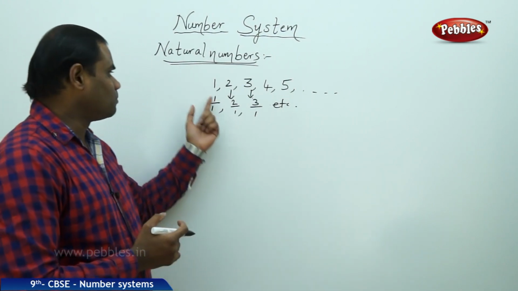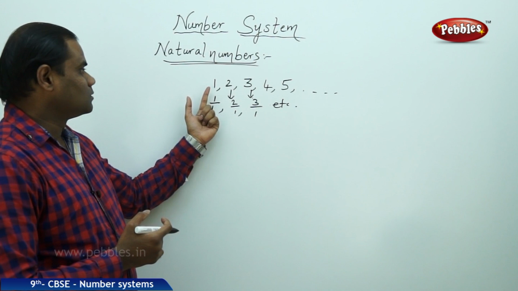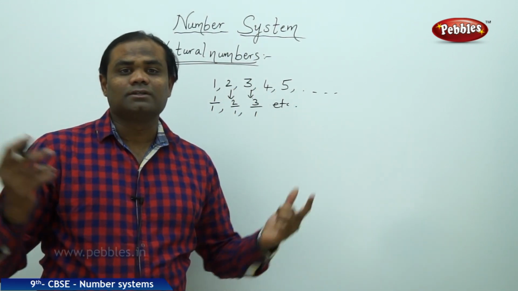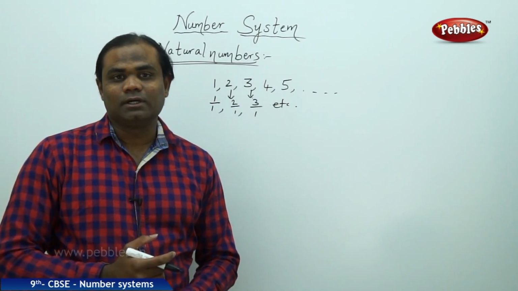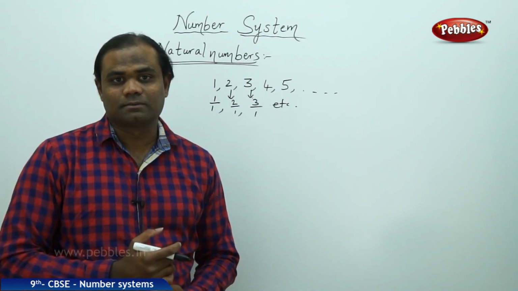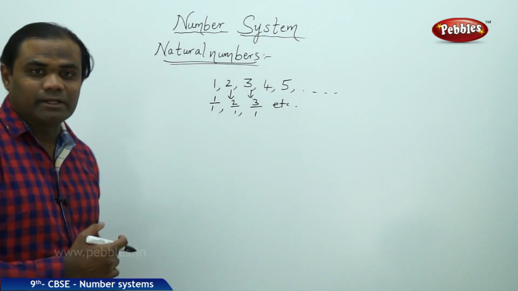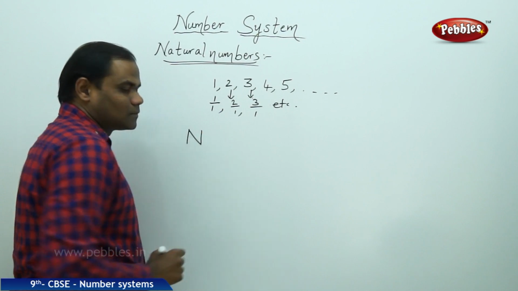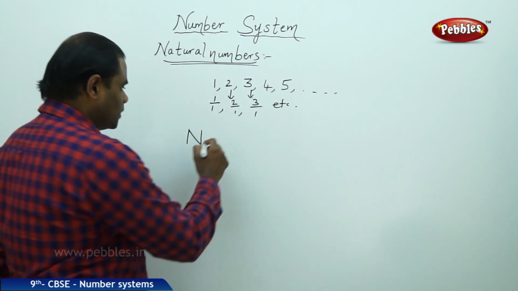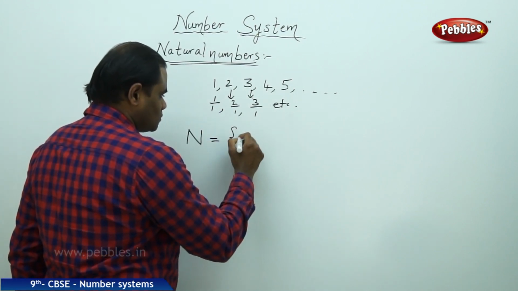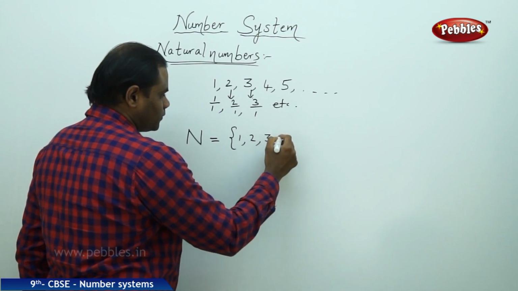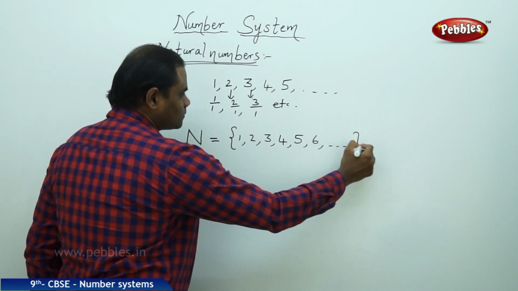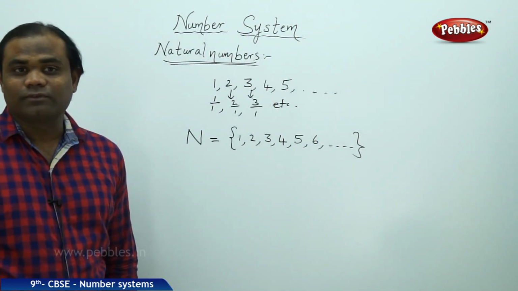So natural numbers cannot be expressed in fraction form other than with denominator being 1, and they are the numbers which are positive and start with 1. So 1, 2, 3, 4, 5, 6, 7, 8, and so on and so forth till infinity are called natural numbers. And usually the natural numbers are denoted by capital N. Capital N equals 1, 2, 3, 4, 5, 6, and so on is the set of natural numbers.